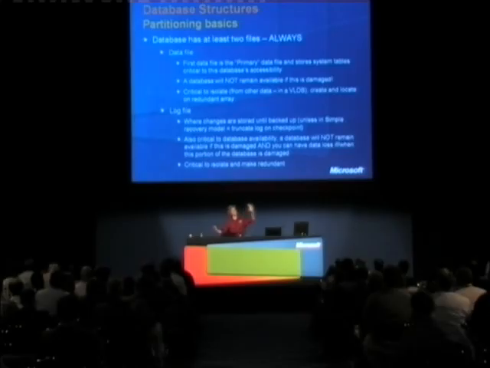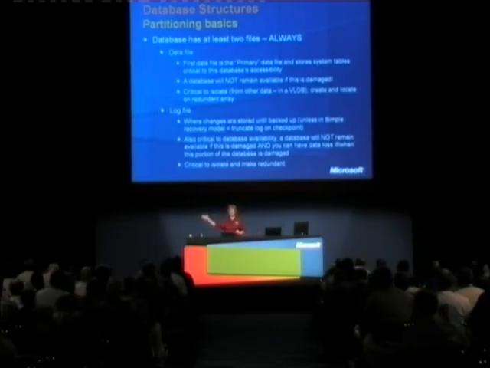And then strategically place your log on its own isolated disks, because it is also critical. If either the primary, the first MDF, or the log ever become damaged, this database will be offline. It's the secondary, non-primary data files that do not cause the database to be taken offline. Those are where you're going to place your own data.